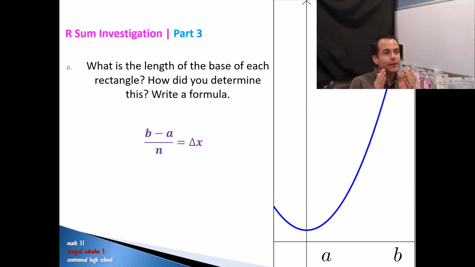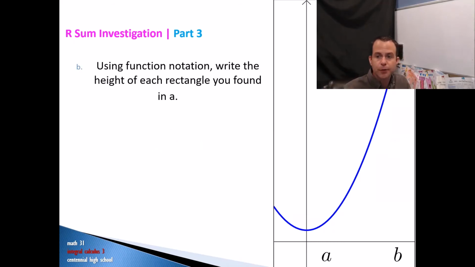So we start with f of a. f of a is our first one, just like f of 1 was our first one. When it was a half, we went from 1 to 1.5 because the increment was a half, and so we just kept going up by halves. Well, now we don't know what the increment is, but we have a symbol for it. It's the increment of x.